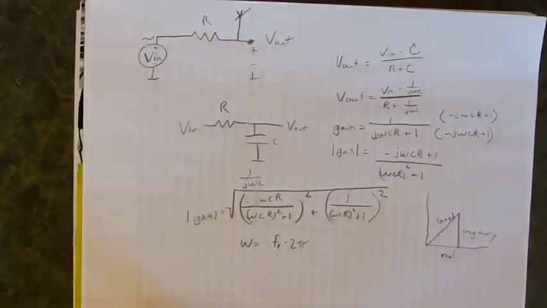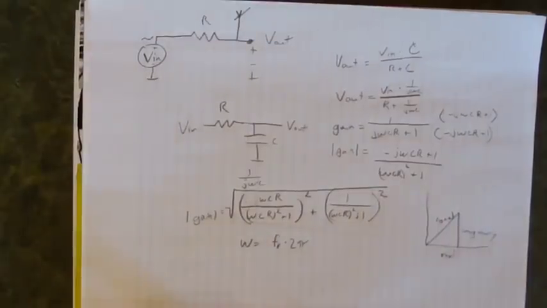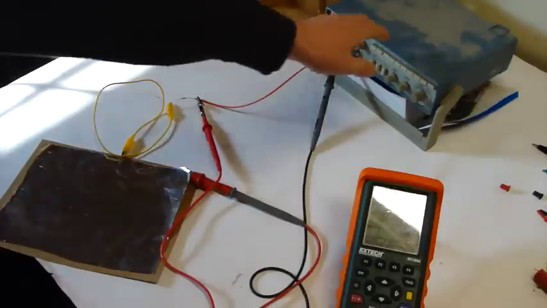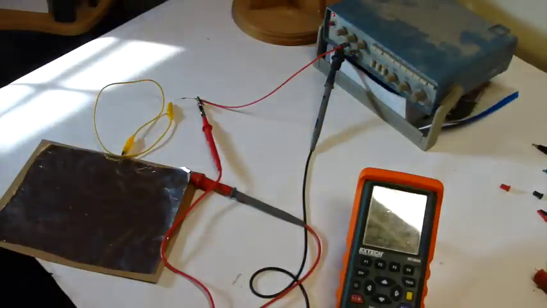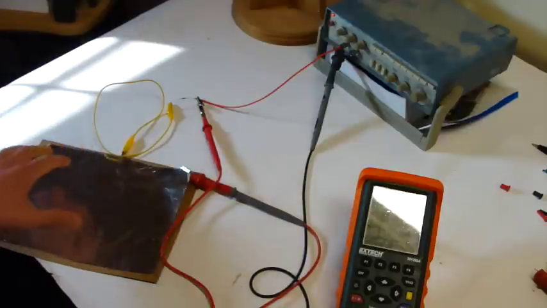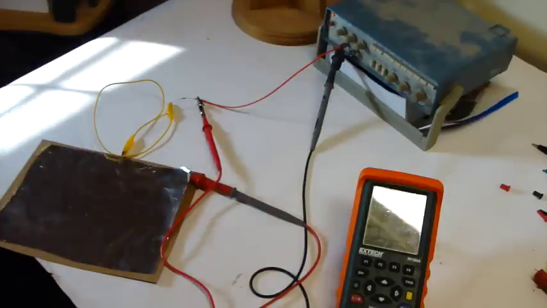So let's go see what this looks like on the oscilloscope. This is my setup. I have a signal generator here generating a sine wave at 20 kilohertz. I have that signal hooked up to a resistor here, which then goes to this aluminum sheet. And this aluminum sheet will form my capacitor slash antenna that we're trying to measure the impedance of.